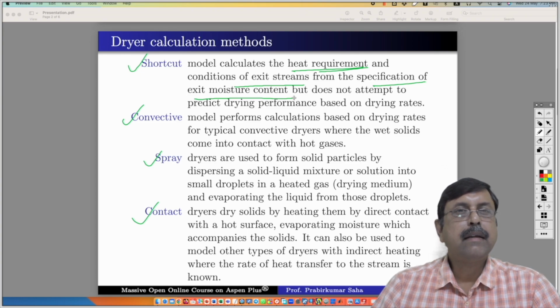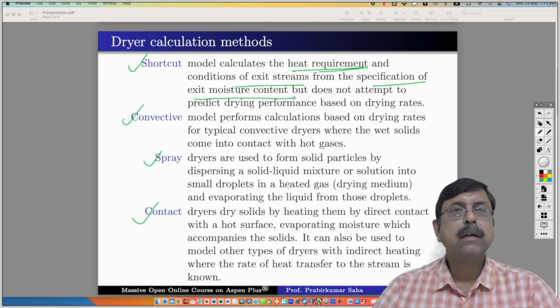Moisture content in exit solid cannot be 0 because there will always be some moisture left out, that is called equilibrium moisture content. Suppose it is 0.02. That means you do not want your exit solid to have more than 0.02% moisture content.